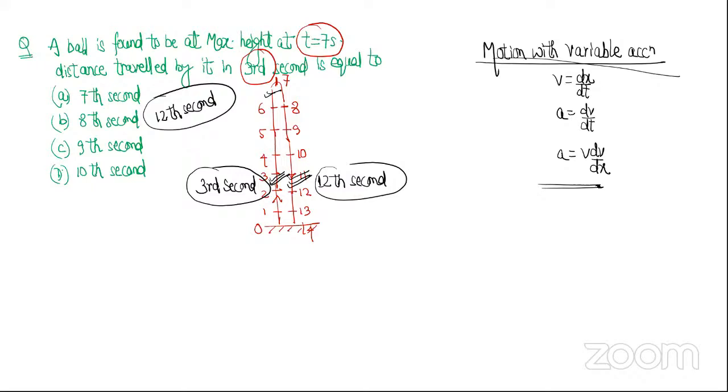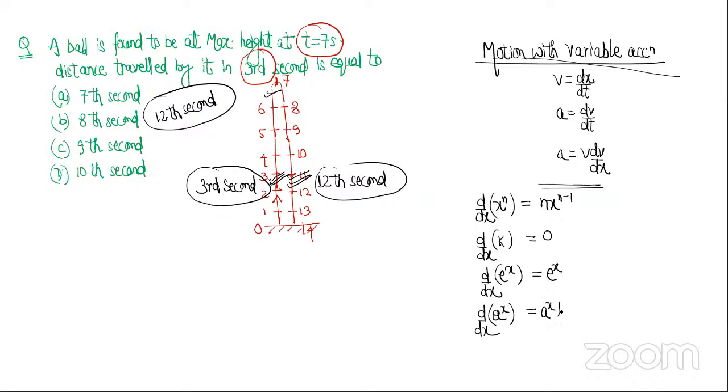अच्छा, कुछ फॉर्मूलाज डिफरेंशिएशन के मैं पूछ रहा हूं, आप लोग बताओ. d/dx of x to the power n, n into x to the power n minus 1. d/dx of constant, how much? 0. d/dx of e to the power x, how much? e to the power x. d/dx of a to the power x, how much? a to the power x log a.